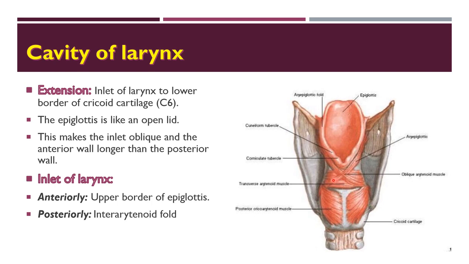It is the fold stretching between the two arytenoid cartilages, and that fold also contains one muscle, the transverse arytenoid muscle. So those are the boundaries: epiglottis in the front, aryepiglottic folds on the sides, and the interarytenoid fold of mucous membrane behind.